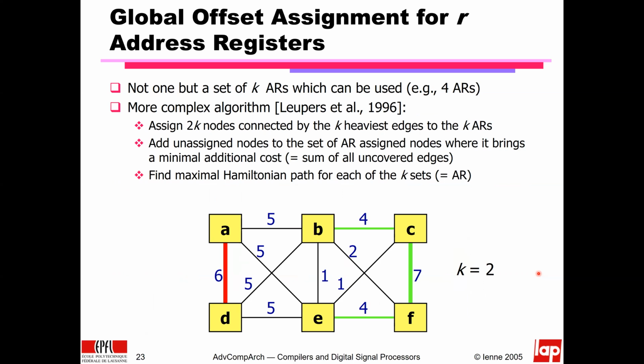So I could start to essentially do some extension to this algorithm by saying, okay, let's partition the different variables to different ARs. I use AR0 to access some of them, maybe A and D, and I use address register 1 to access B, C, F, and D. How do I decide this?